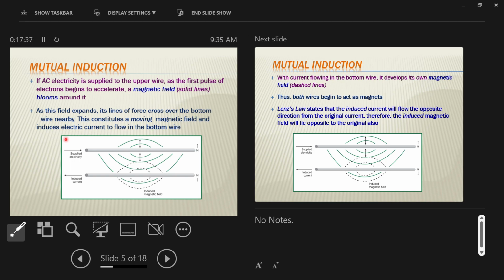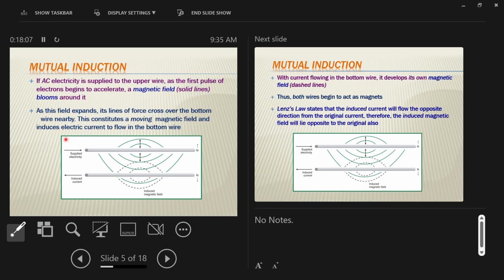So the whole idea of spinning that magnet was taking a magnetic field and using it to make electric current. Now we're using electric current to produce a magnetic field. The electric current produces a magnetic field in the wire that it's running through. That magnetic field induces current in this wire, the lower wire, without having touched it. The magnetic field touches the wire.